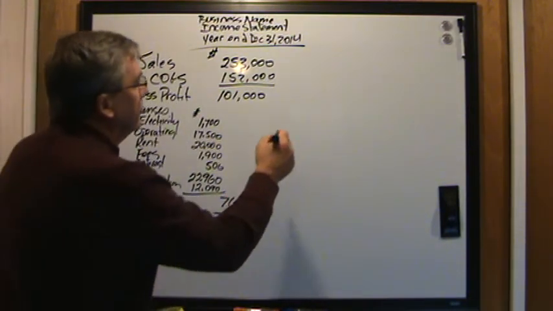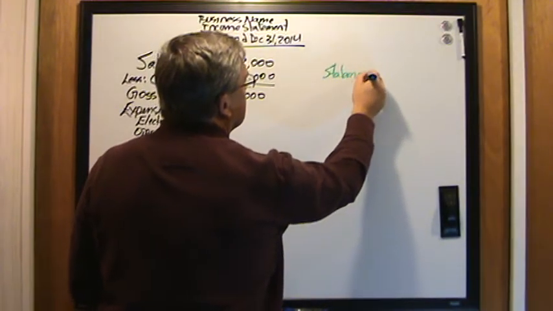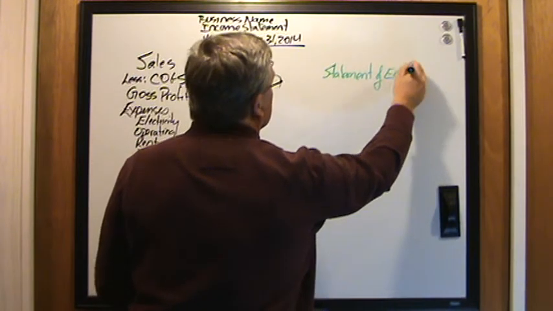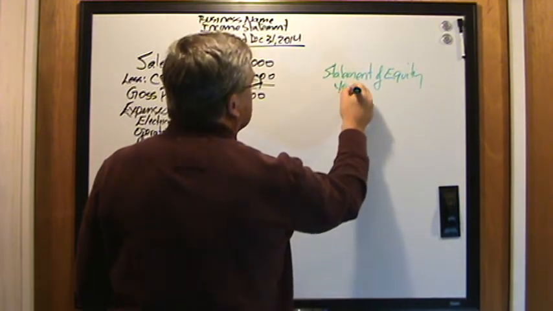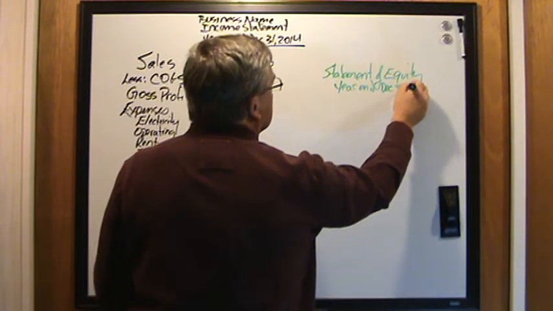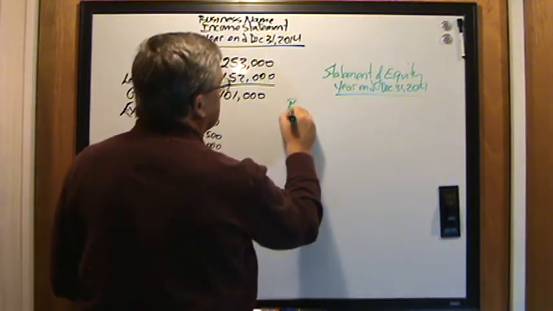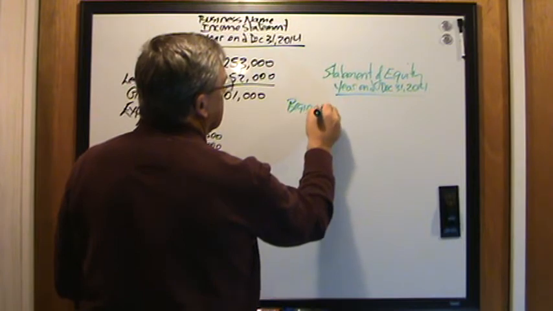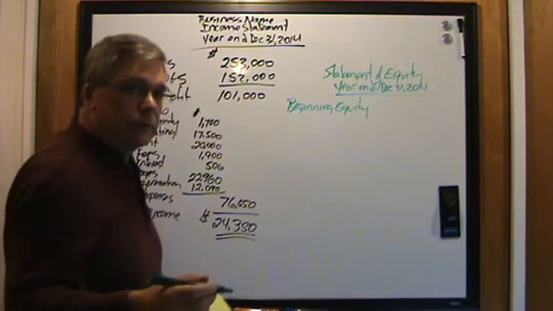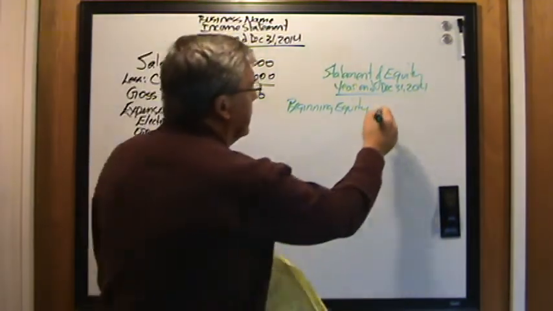And so the statement of equity, which also is for the year ended December 31st, 2014. And we have beginning equity or capital, they're used interchangeably, from the balance sheet is 48,900.